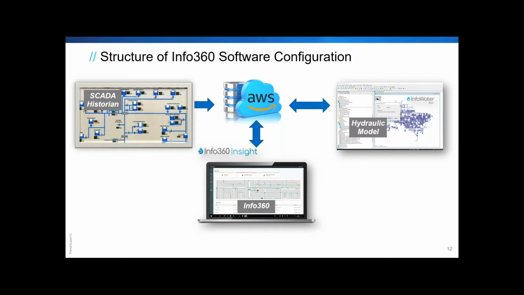So the real structure of Info360 is you have your SCADA historian, and again, it's not the SCADA system itself that you're tapping into. So there's not the security issues necessarily that you have to look into like you're tapping directly in. That's something that usually IT and operators and everyone else don't want to have any part of.